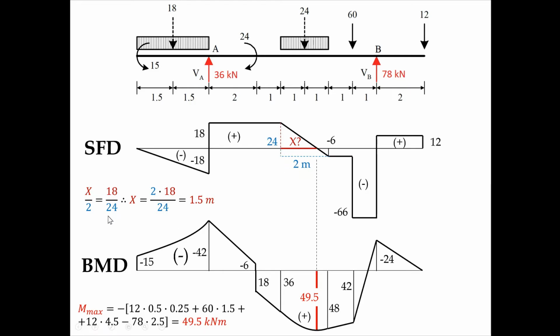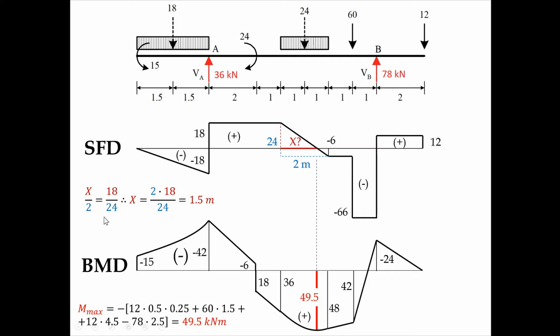So doing the relation between triangles, as you can see here, x over 2, this base over this base, is equal to the relation between the height of the small triangle over the height of the big triangle.